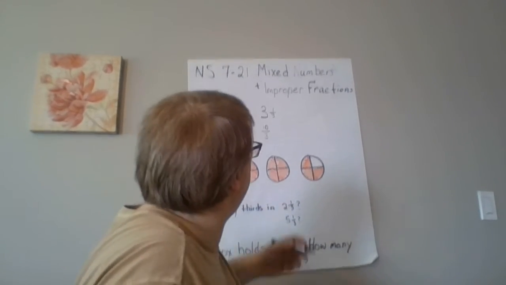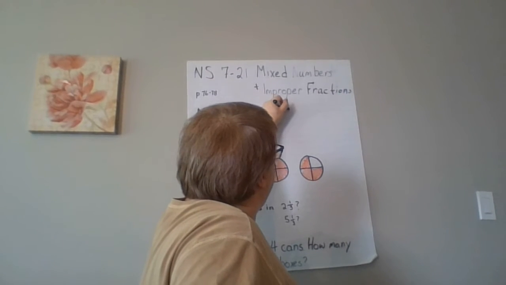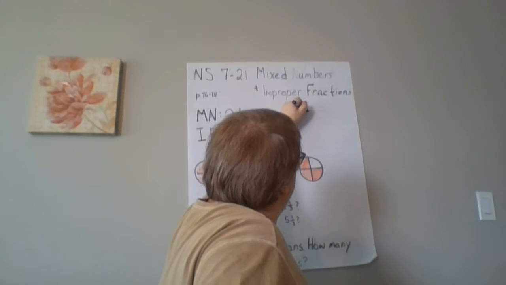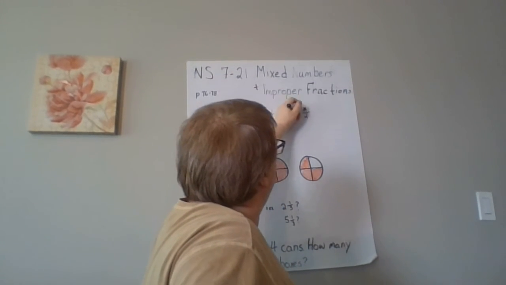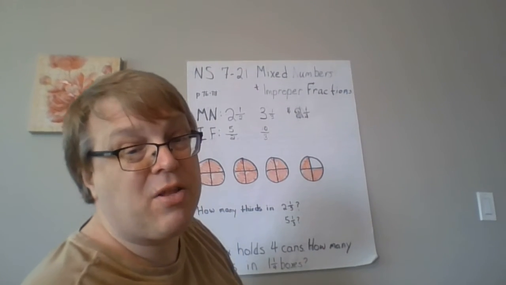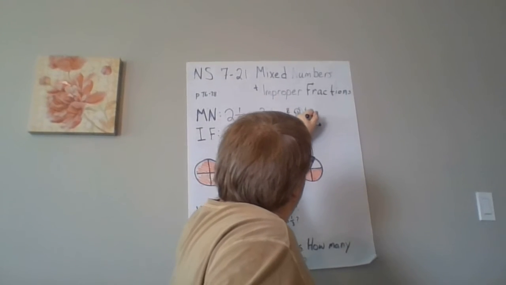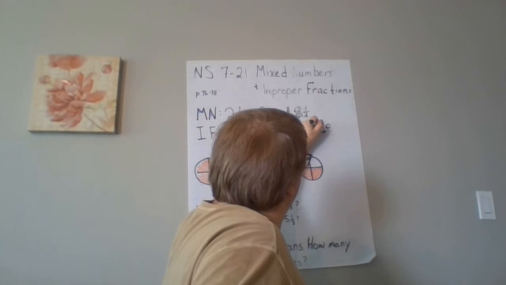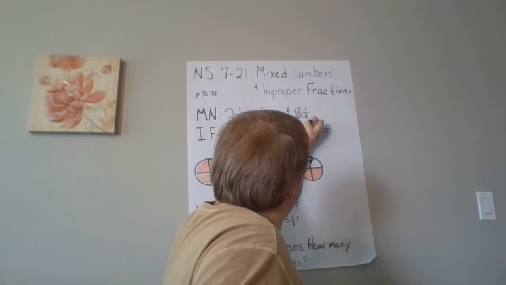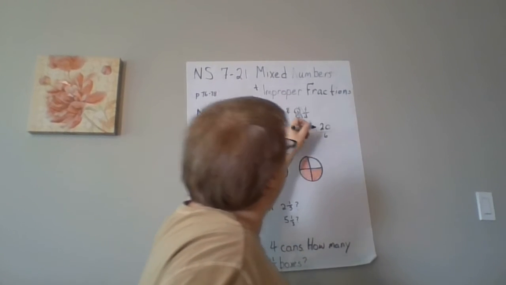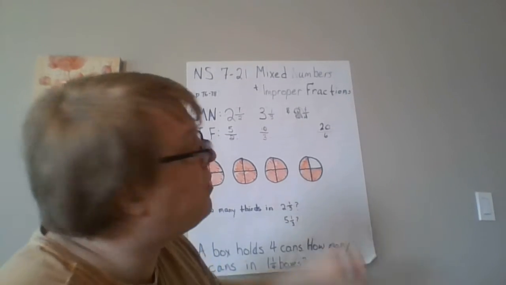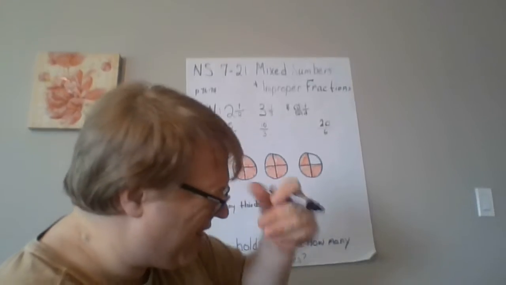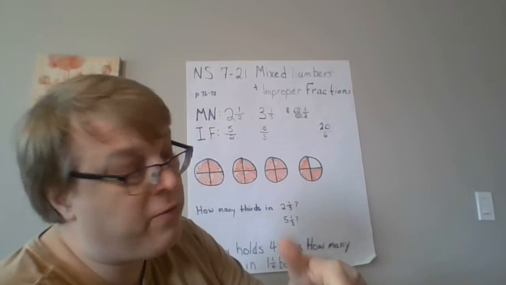Let's grab another number. Let's do something a little bit harder. 20 over 6. How many times is 20 divided by 6? Well, let me see. 6, 12, 18.